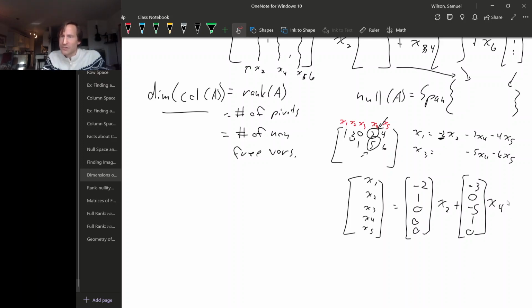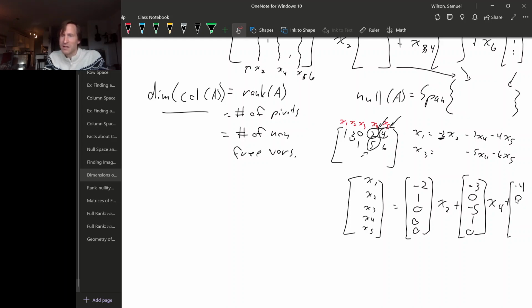And then for x5, I'm going to squeeze it in over here because I have a reason to want these all on one line. For x5, we need a minus 4 here, and that's the negative of that entry. No x2's.